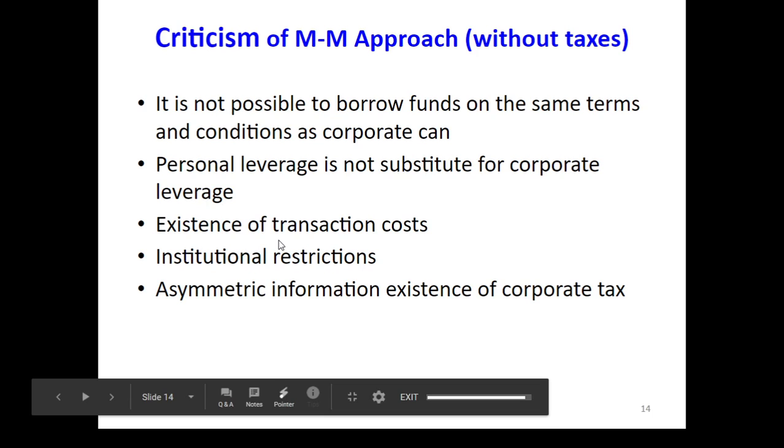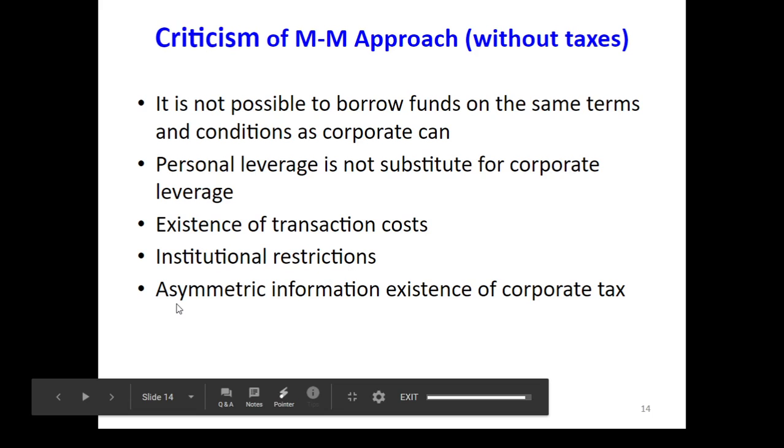Next one, existence of transaction cost. Automatically, there is a transaction cost. Without transaction cost, there is no economy. Next criticism, institutional restrictions. There are so many restrictions for the institutions.